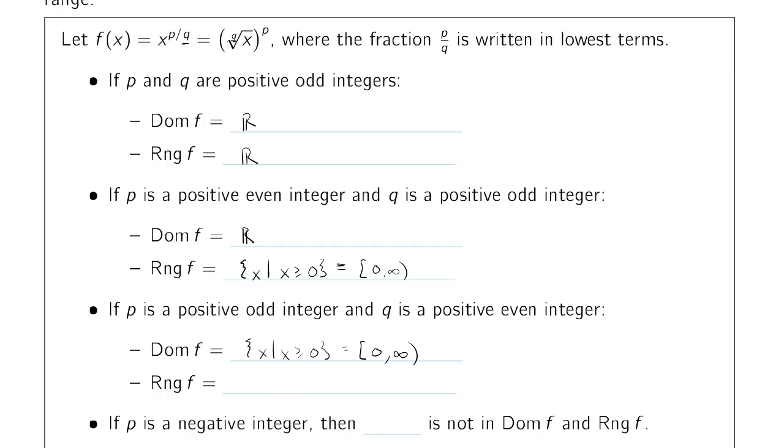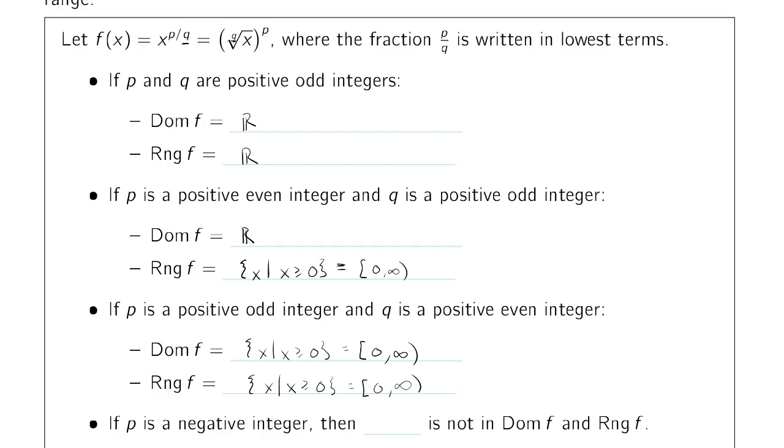And then we're taking the powers of positive numbers. And so the range also consists of numbers greater than or equal to 0. So if the numerator's even, the domain is still all real numbers, the range is only positive numbers. If the denominator's even, the range and domain are only positive numbers.